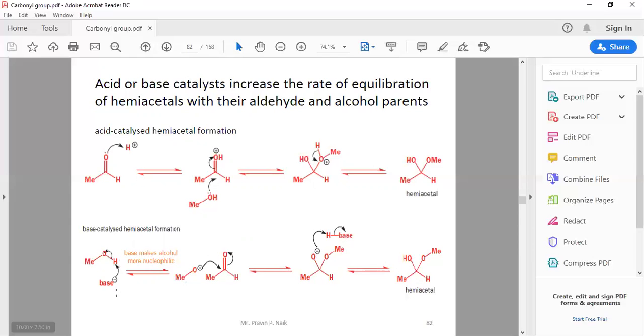So if you compare both, in acid catalyzed formation the aldehyde reacts with acid to form the intermediate, and then the nucleophilic attack happens. In the base catalyzed case, the base reacts with the alcohol first, making it more nucleophilic, and it attacks the carbonyl carbon.